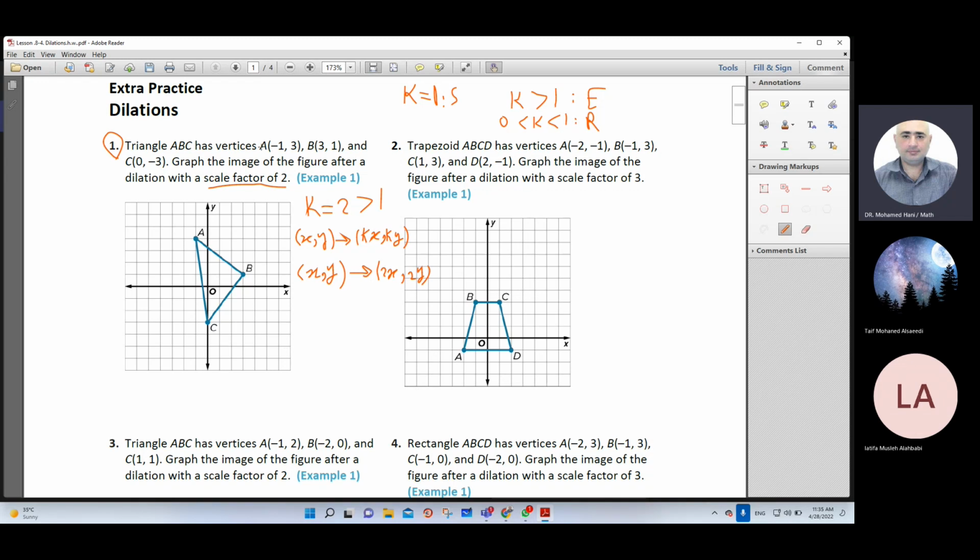So we have here the pre-image. We want to find the image. So we want to find A prime. Multiply x by 2 and multiply y by 2. Minus 1 times 2 will be minus 2, and 3 times 2 will be 6.